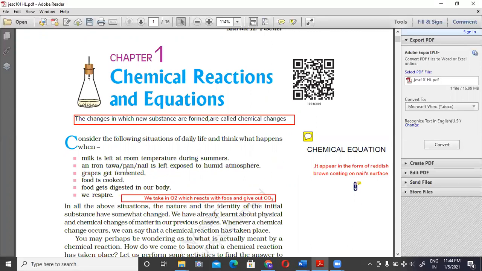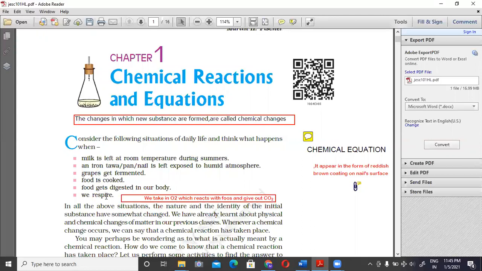An iron tawa or nail which is left in humid air becomes reddish brown because rusting takes place on its surface. So it is also an example of chemical change. Grapes get fermented, they become sour. It is also a chemical change. Food is cooked, so a new substance is formed.